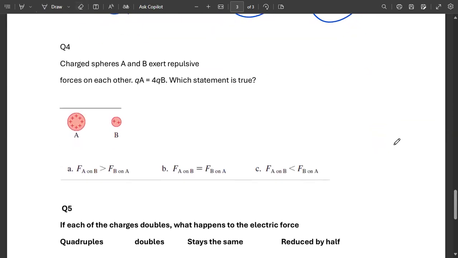Question 4 is saying charged spheres A and B exert repulsive forces on each other. The magnitude of QA is equal to 4 times QB. Which statement is true?